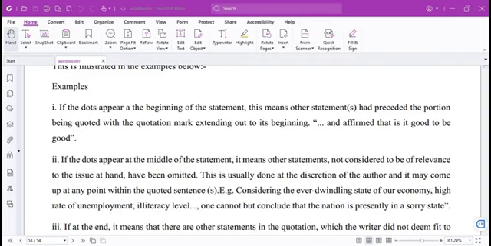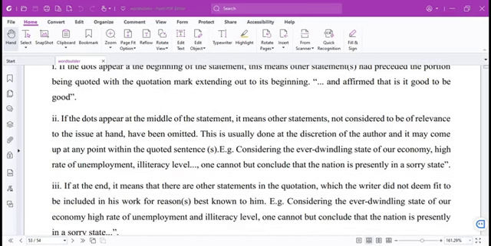We have "... and affirm that it is good to be good." You can see where the quotation mark starts from. You have the quotation mark first before you have the dots, indicating that something came. There's a part of this statement that was cut off. And then after the last word, you have your ending quotation mark.